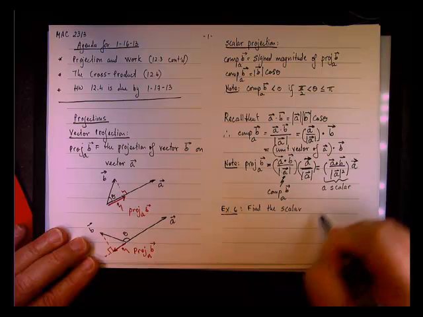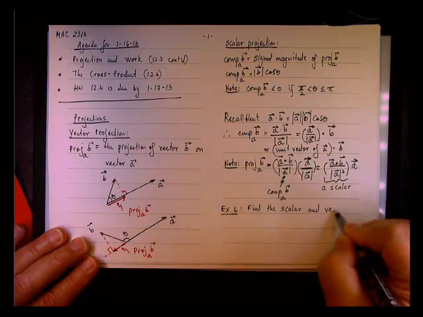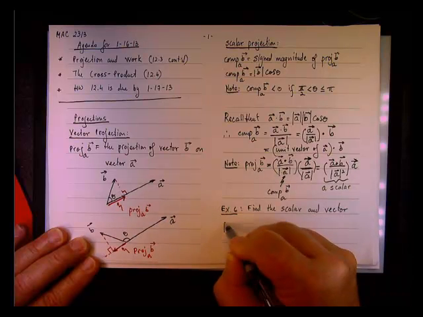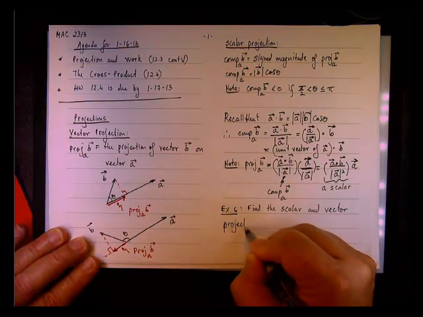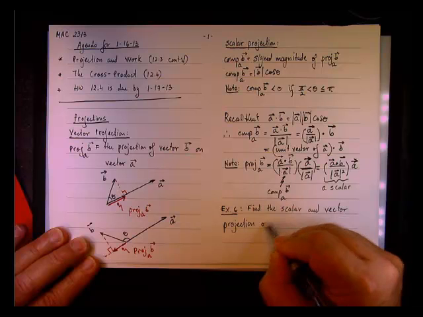I have it as example 6. So we want to find both the scalar and the vector projection of a certain vector.